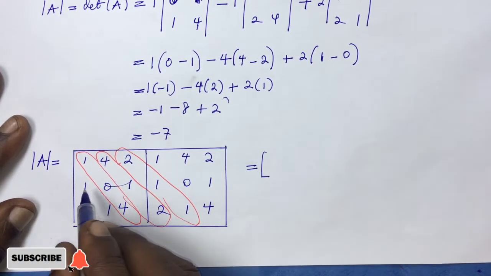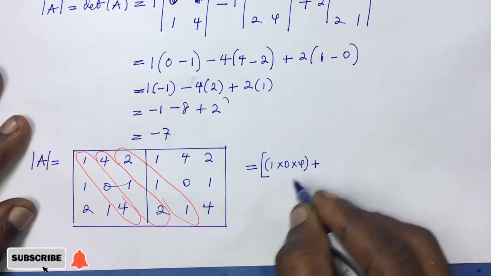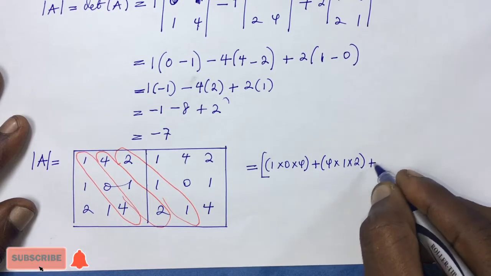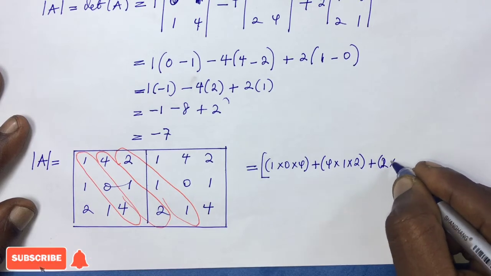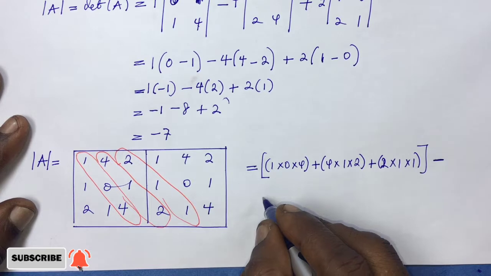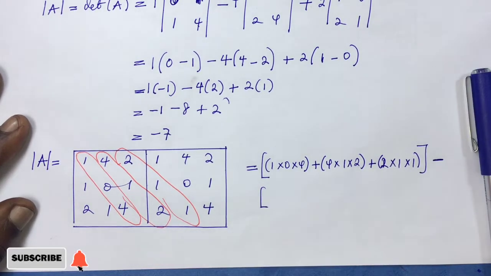Now, when you do that, that will give you in one bracket 1 times 0 times 4 plus 4 times 1 times 2 plus 2 times 1 times 1. You close the bracket and subtract. Go to the next bracket and then take the auxiliary diagonals.